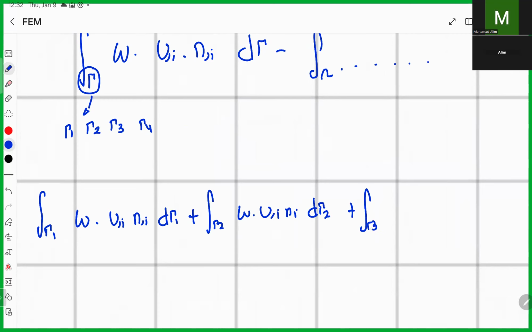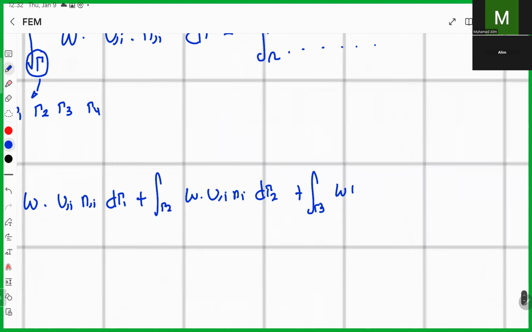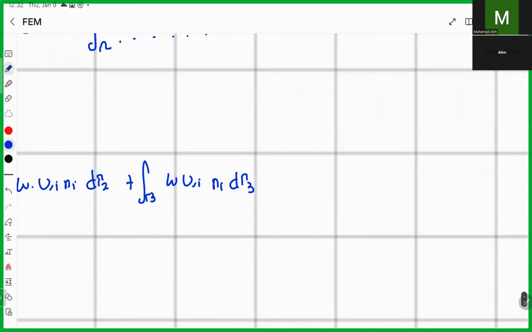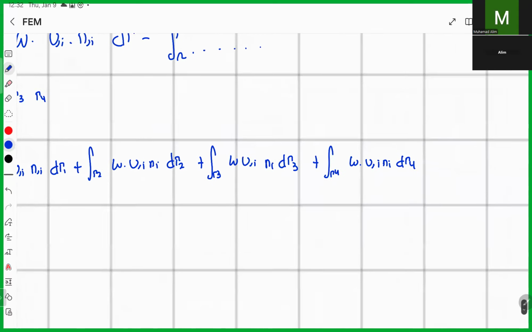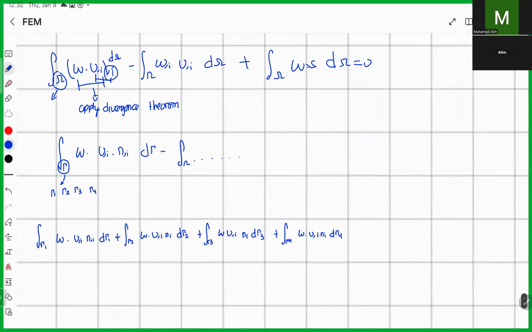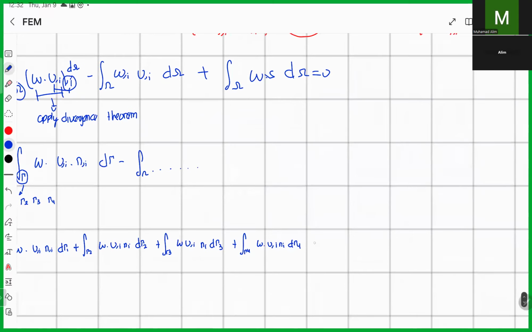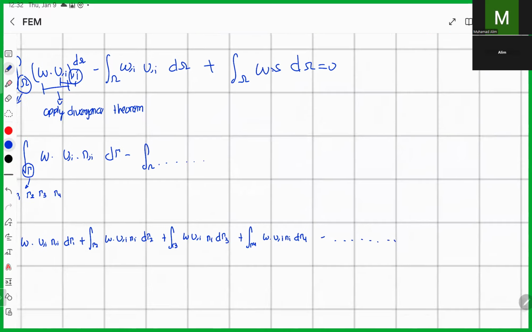This is three W U_i, and n_3 here, plus here four W U_i, and n_4 here. And then here will be minus the same. And then it's something that I don't have to write.